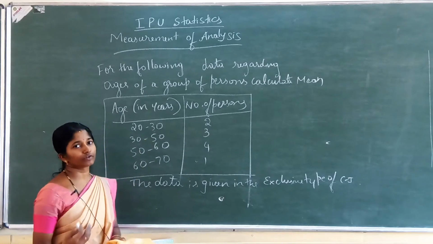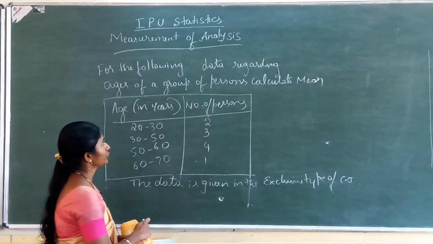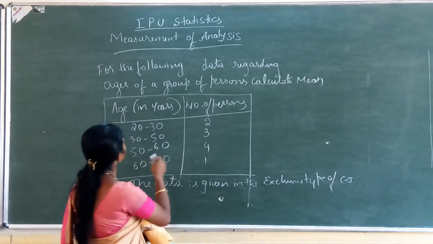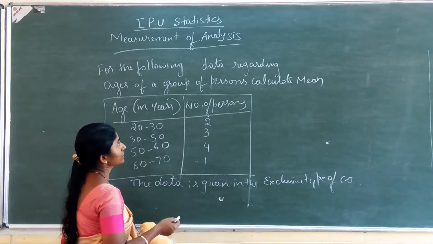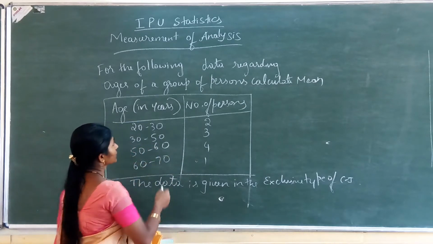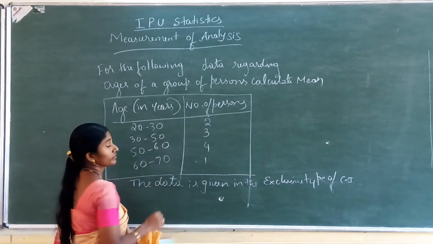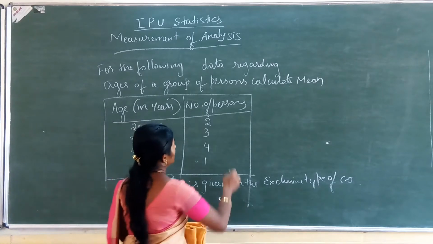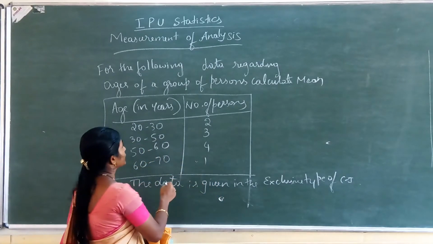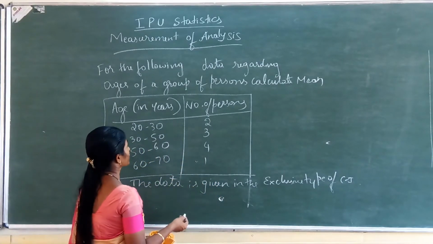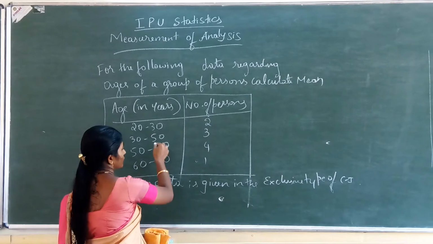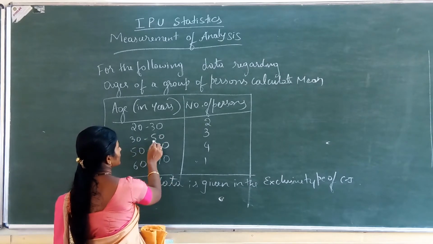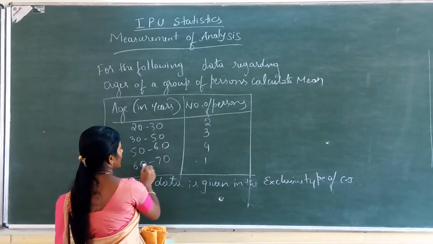When you are doing the shortcut method, at that time you have to observe whether you have to use the deviation or the step deviation method. Here I will take the deviation method, because observe here the differences are not the same. 20 to 30, 10 difference, here 20 difference, again here 10, here 10.